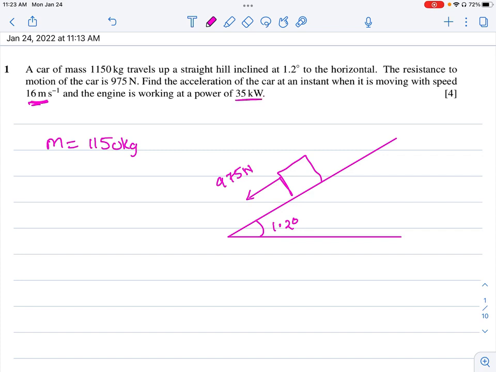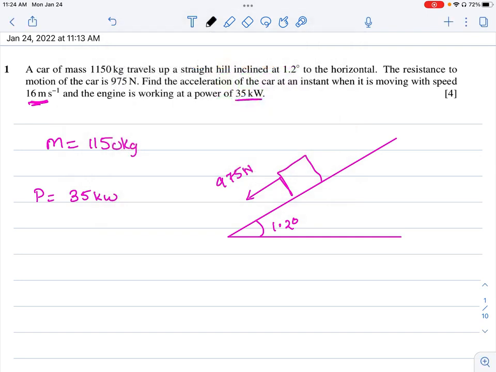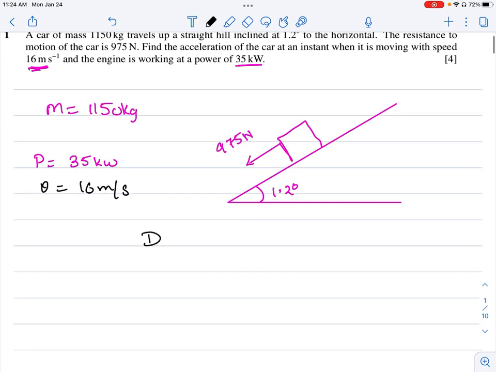The engine is working with a power of 35 kilowatts, and the velocity is 16 meters per second. We know that driving force times velocity is equal to the power.